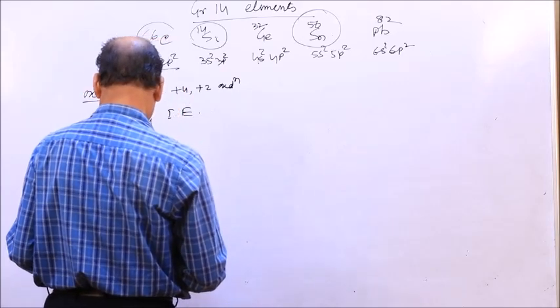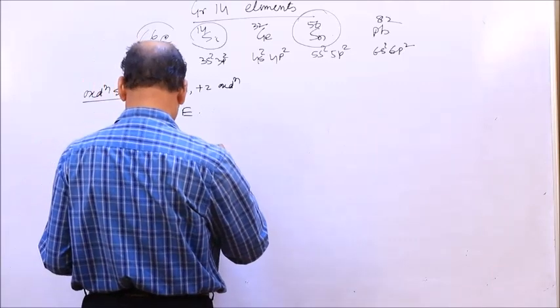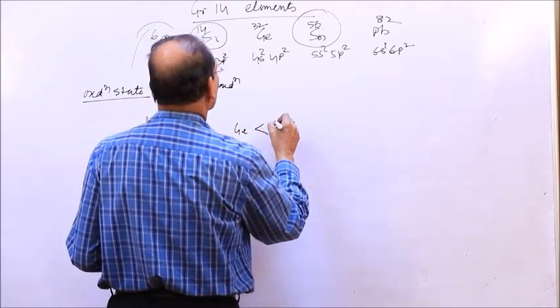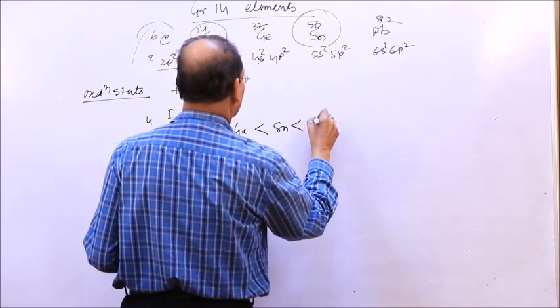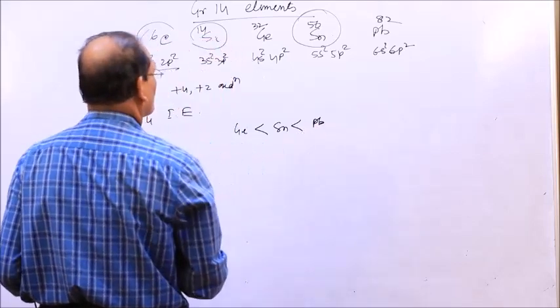In case of the oxidation state, from germanium to tin to lead, lead has the maximum +2 oxidation character.